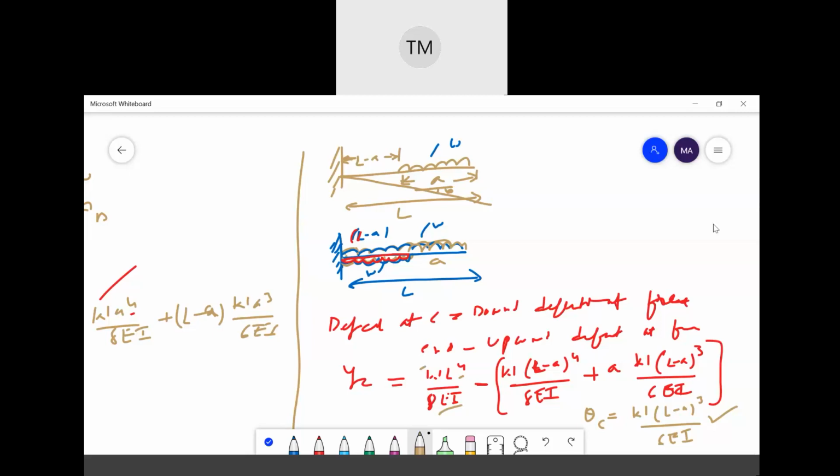Macaulay's method is applicable where several loads are acting on a beam, more than one load.